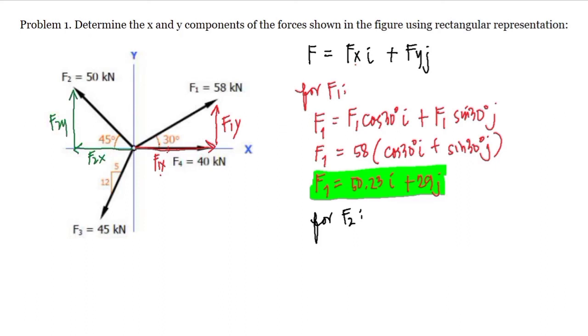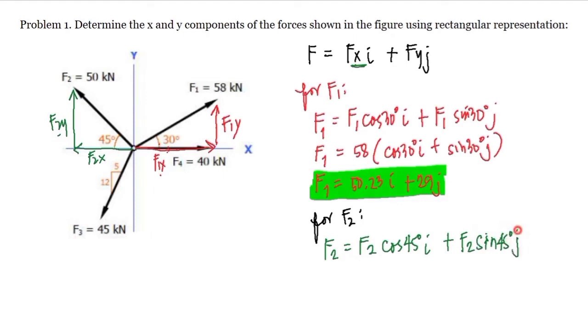Now, expressing this in terms of the rectangular representation, we have F2 is equal to F2 for the x component, that is adjacent side of 45 degrees. So we have here cosine 45 degrees multiplied by the unit vector i plus the F2, the y component, that would be multiplied by the sine of 45 degrees.